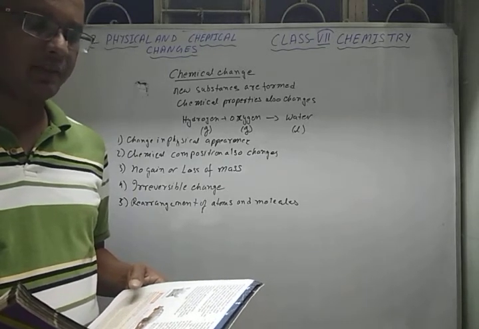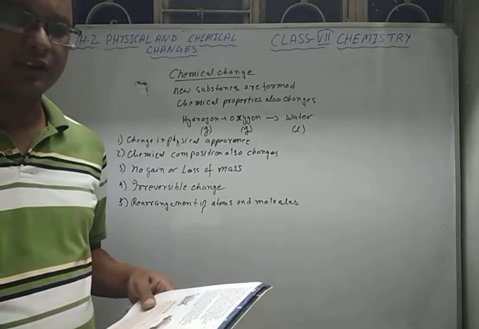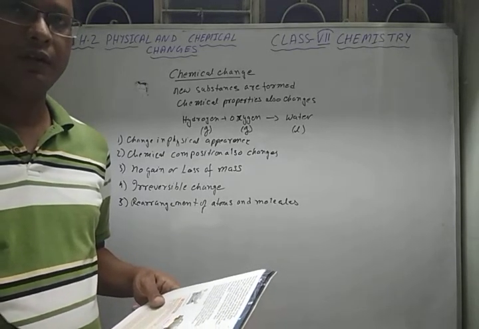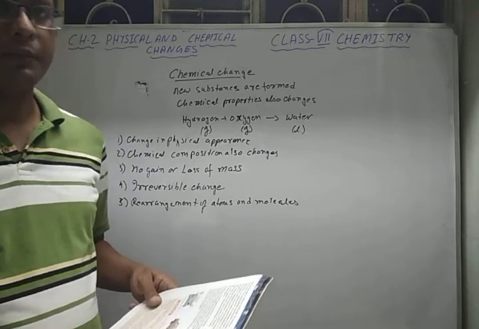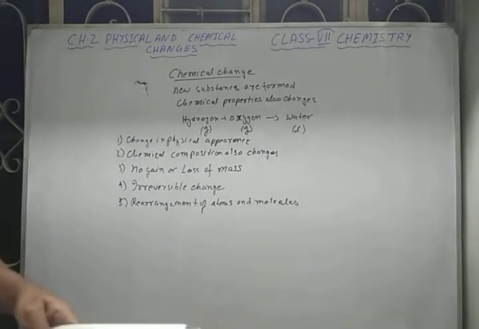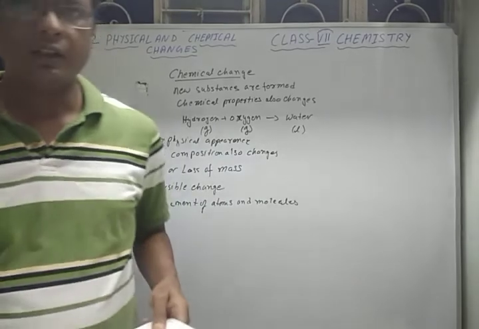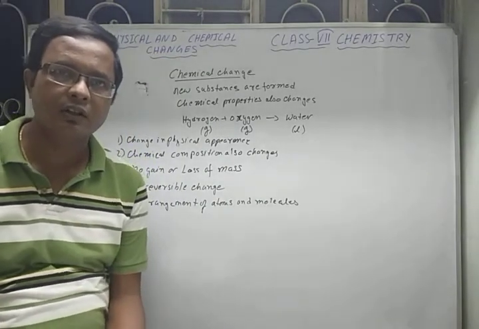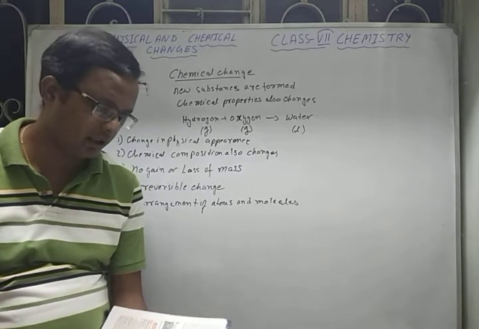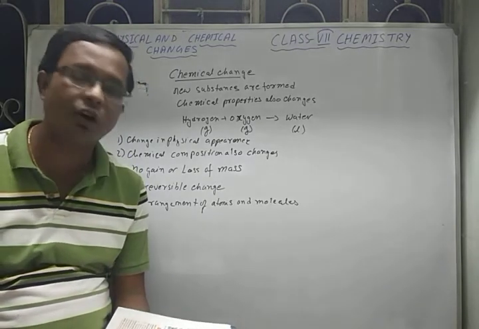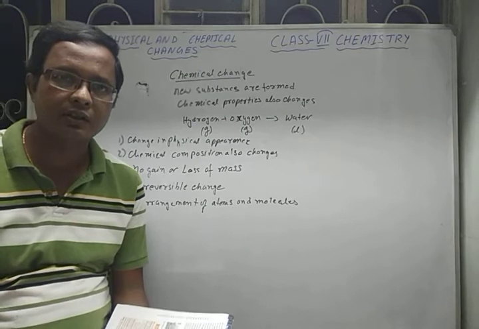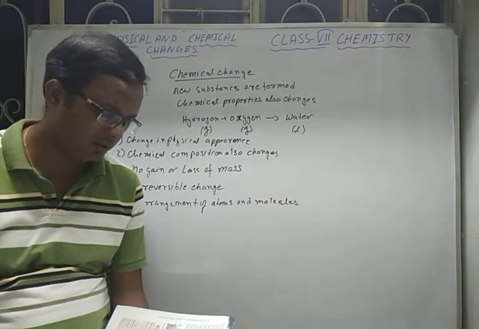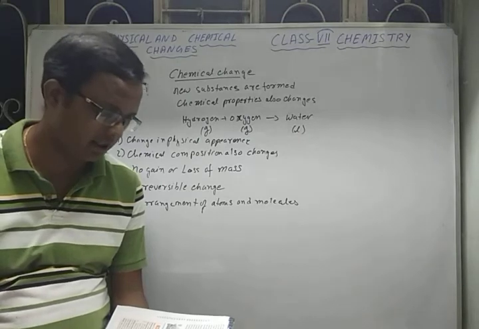These are some examples of chemical changes. Rusting of iron takes place in the presence of moist air. When iron is exposed to moist air, a layer of ferric oxide is formed on it. This is called rust, and it is a chemical change. Combustion is when a substance combines with oxygen; it takes place when something catches fire. These are also chemical changes.